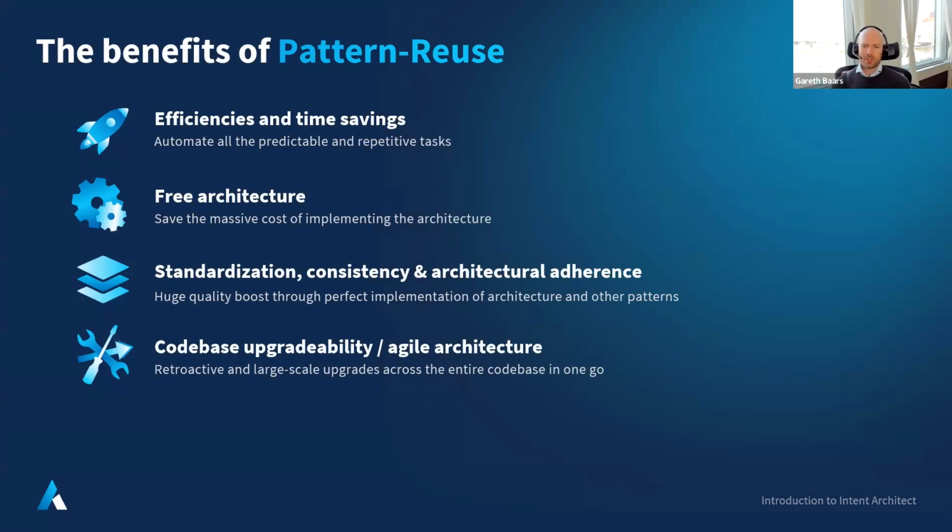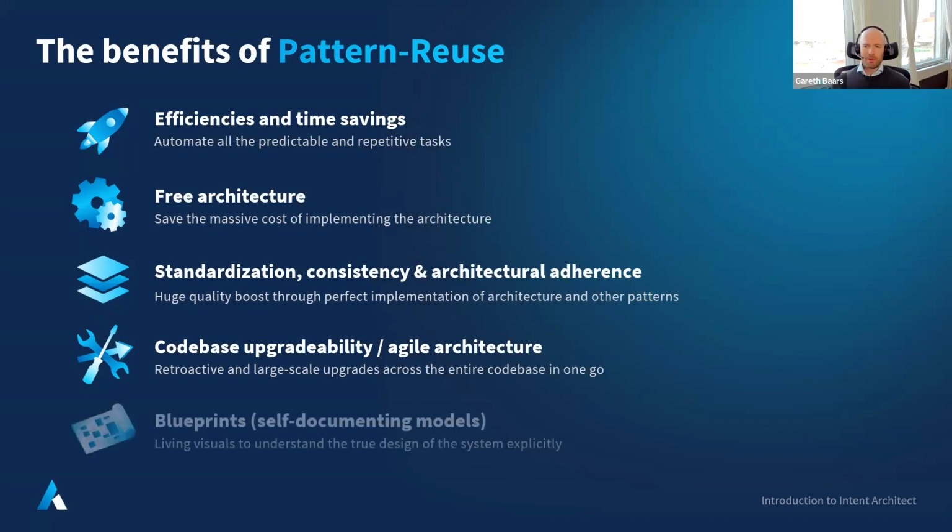The upgrade path is constant and very, very easy for teams. Another term we like to use for this is an agile architecture, which is really, as I'm sure you guys all know, the opposite of what most teams experience when they're building out software systems, because the larger those systems become, the more rigid the architecture becomes and the more difficult it becomes to make changes. And pattern reuse essentially eliminates that problem for us.